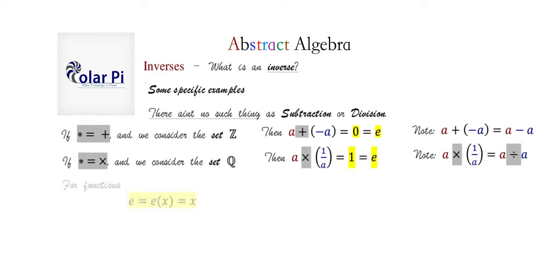Again, just to demonstrate that this definition of the inverse is very universal, let's consider the set of functions, polynomial functions specifically. For polynomial functions, we know that the identity element is f of x equals x. Here I've called it e of x, since we're going with e as the identity, but it's normally I of x equals x, or simply f of x equals x.